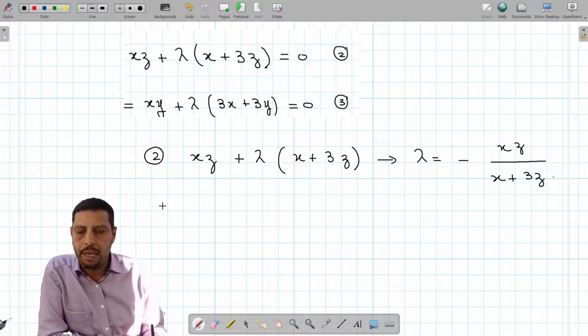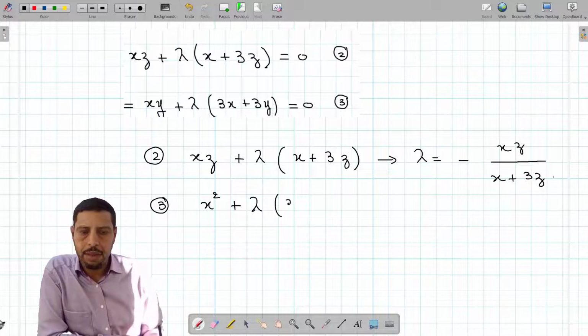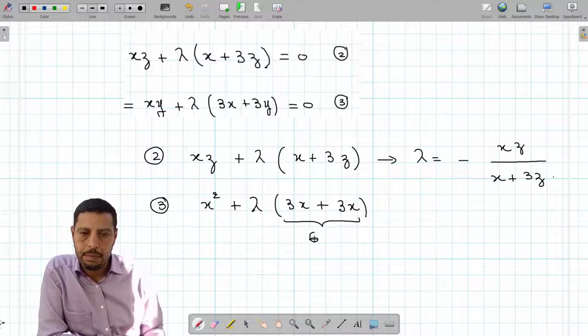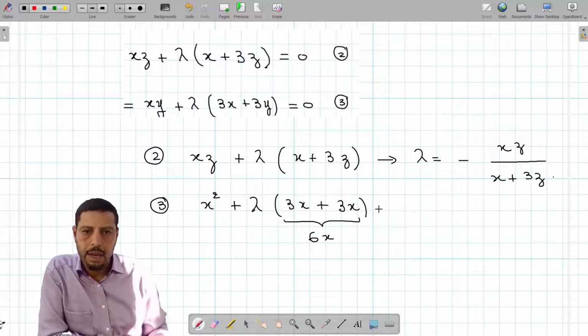And from the third equation, we have xy, and since x equals y, we can write it as x squared plus lambda times (3x plus, and here again you replace the y by x, you will get, plus 3x again, which is 6x), okay, equals 0.